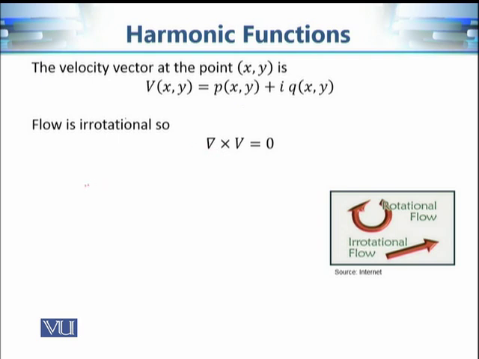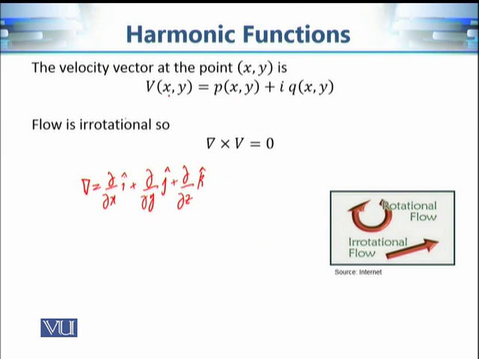We know that nabla is equal to partial by partial x i plus partial by partial y j plus partial by partial z k. Now we are in 2 dimensions, so there is no third component and we are not interested in it.